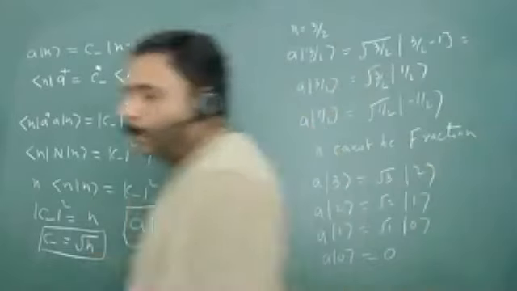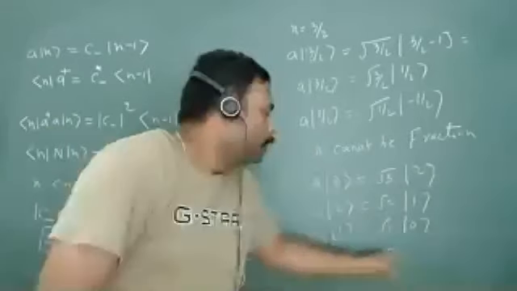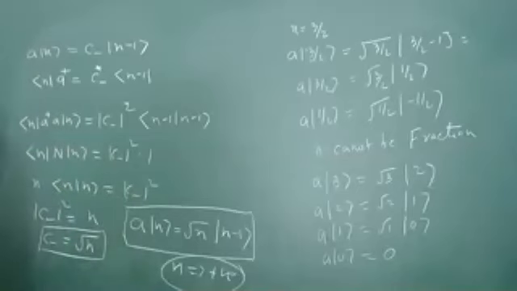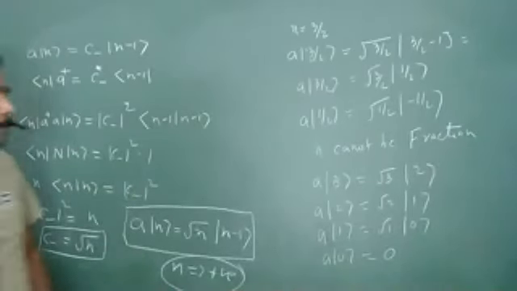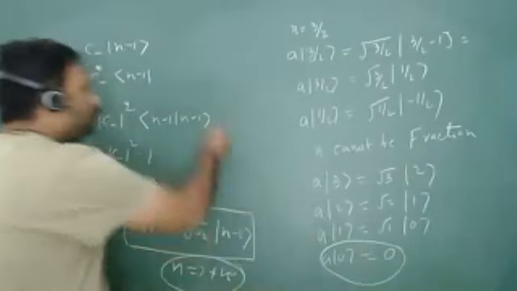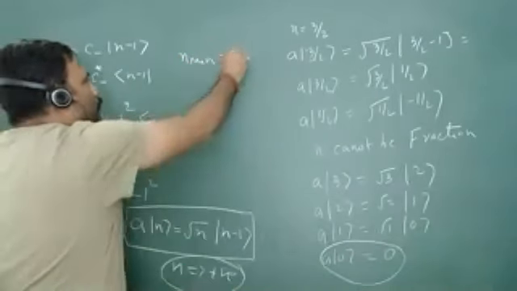You cannot go beyond this, because even if there is a negative sign, when it is multiplied with 0, it will remain 0. So here we can make a claim that the minimum value of n can be 0. So n minimum is equal to 0.